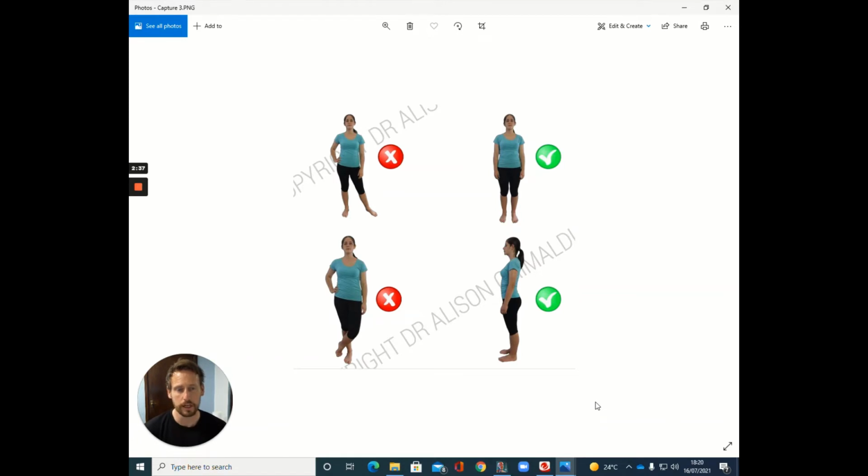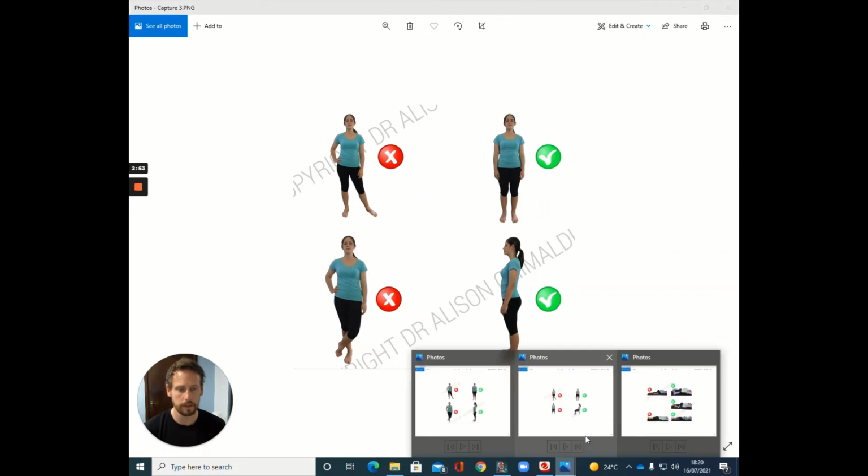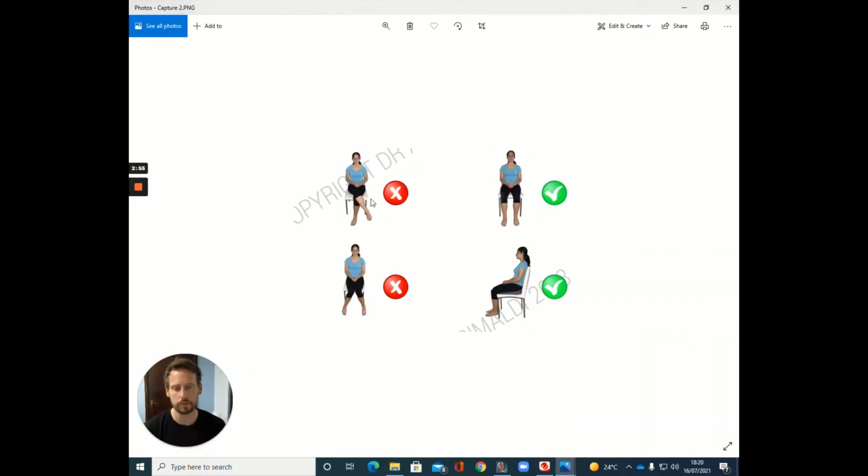So if we're doing anything that causes the hip to move out to the side or causes the hip to cross over the midline, if we're stood in these types of positions for any length of time, that can cause some compression and irritation of the muscles and tendons on the outside of the hip. Similarly, if we're sat either with the legs crossed or knees touching together, again, because we're bringing the leg closer to the midline, that can cause some compression through the outside of the hip.